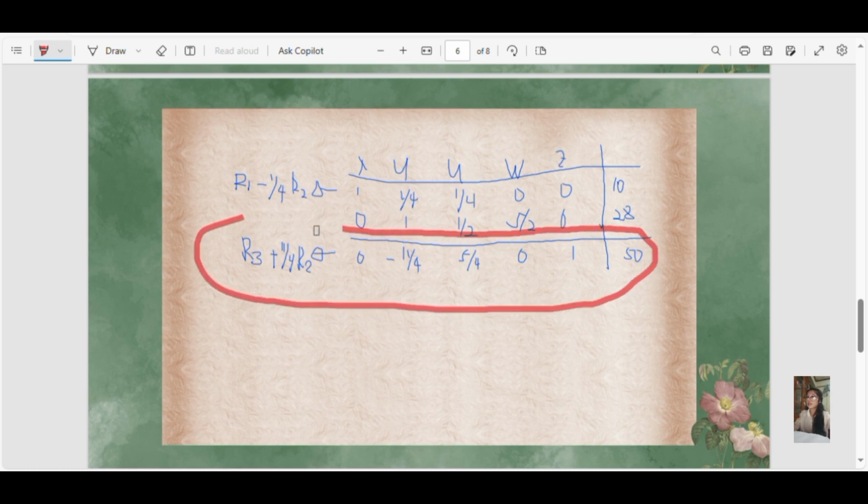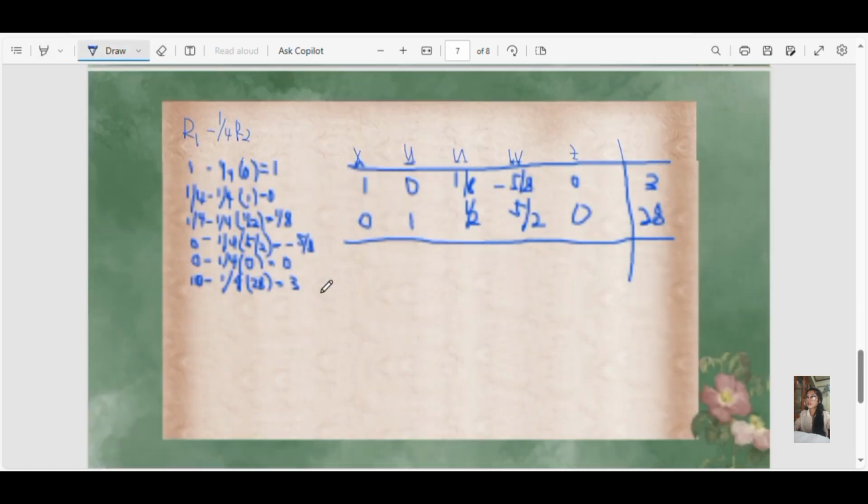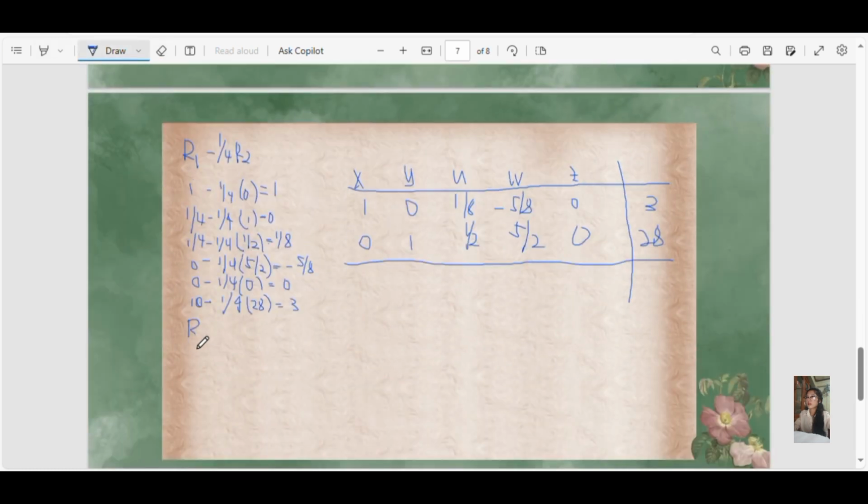We use this row for row 3. This is the formula we're going to use.